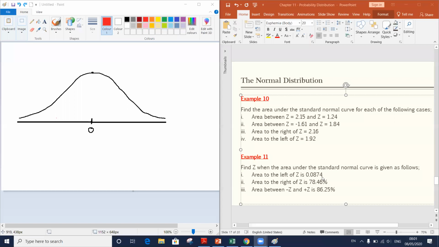Right. What does area to the left of mean? It means there is a cut off, and left hand side talks about this part. Where should I place the cut off, somewhere here, or here?